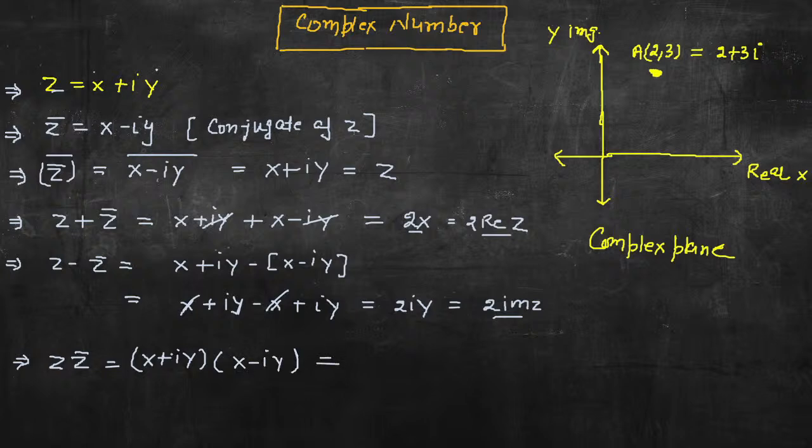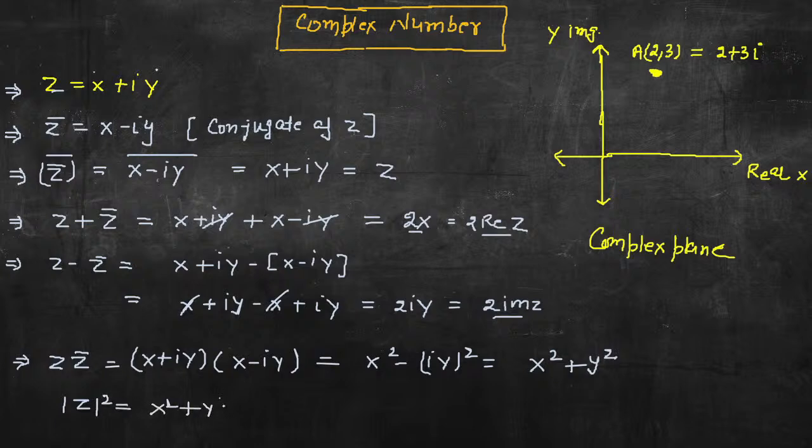It becomes a plus b and a minus b, so a square minus b square. So a square means x square, and iota square becomes minus 1, so it becomes x square plus y square. Clear? So z into z bar, also known as mod z square, is equal to x square plus y square. Logic clear?